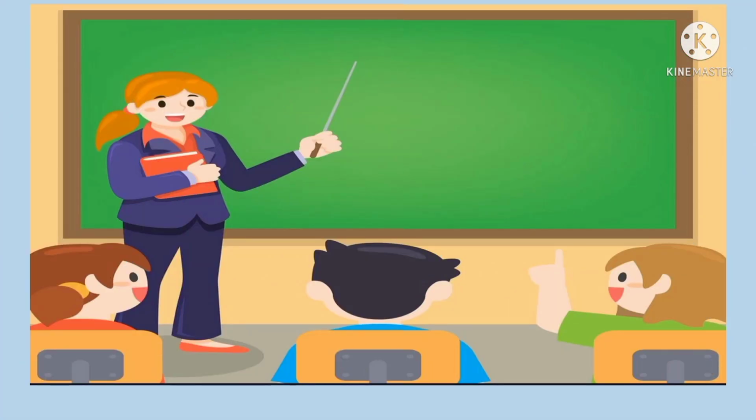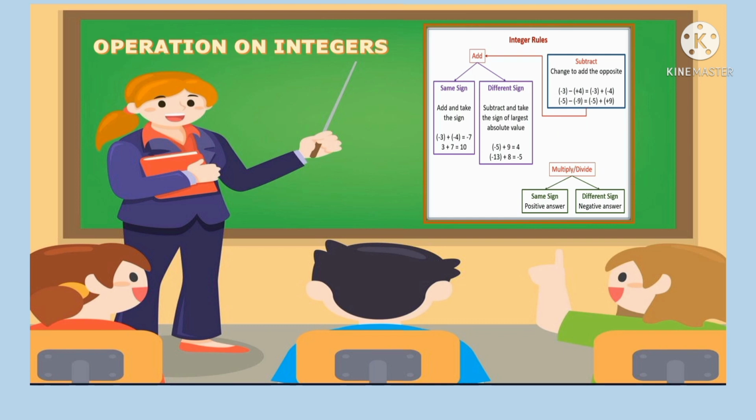So let us now proceed with operations on integers. In the integer rules for addition and subtraction, always remember that in addition and subtraction, if they have the same sign, add and then take the sign.